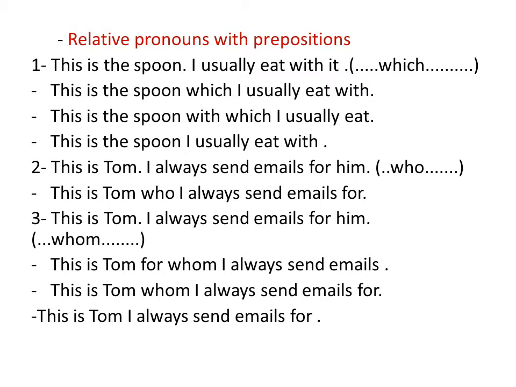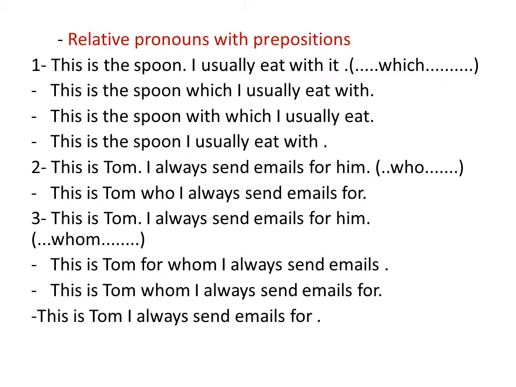Something also very important here in this example is that we may omit the relative pronoun itself from the two sentences. So we can say the sentence as it is written in the third answer. For example number 1, we will read it together. This is the spoon I usually eat with.